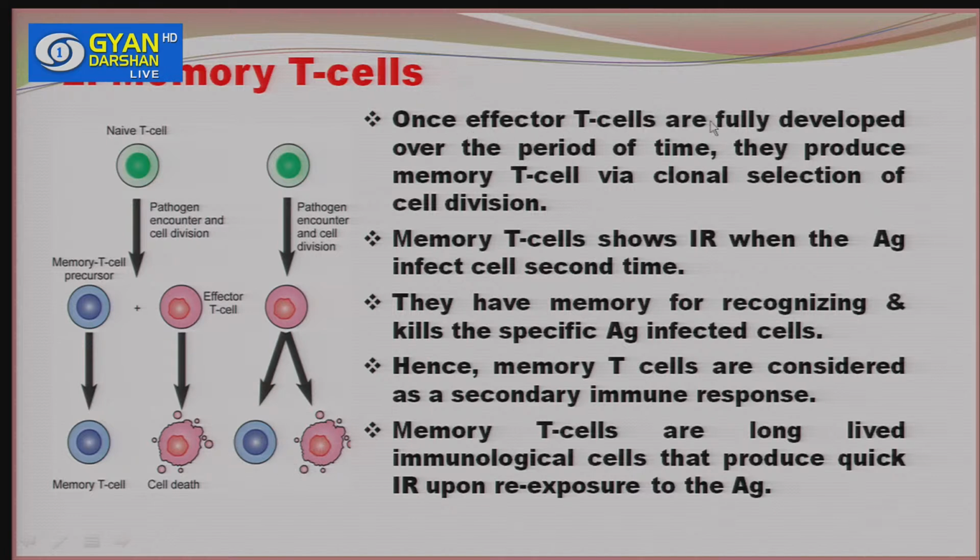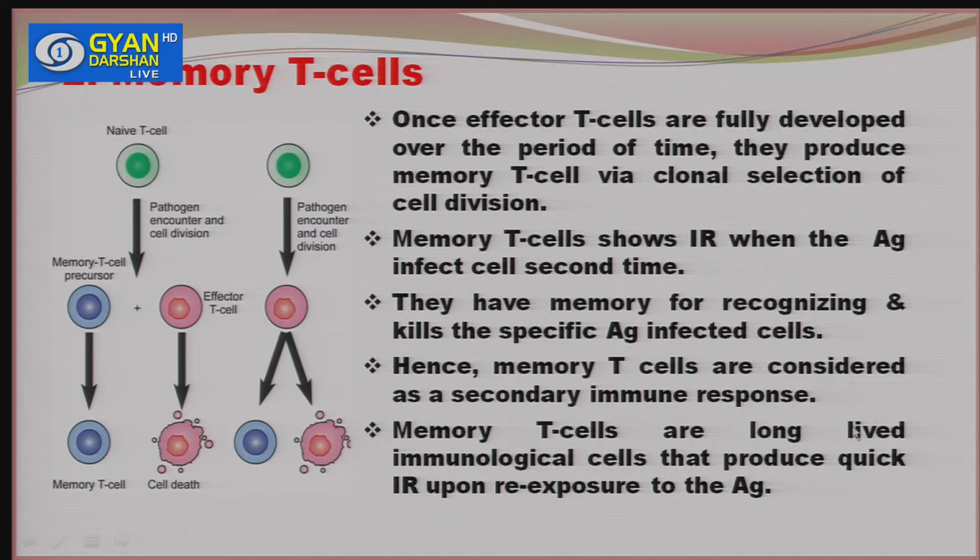Once effector T cells are fully developed over a period of time, they produce memory cells by clonal selection or cell division. Memory cells show the immune response when the antigen-infected cell appears a second time, and they have memory for recognizing and killing the specific antigen-infected cells. Memory cells are considered a secondary immune response.